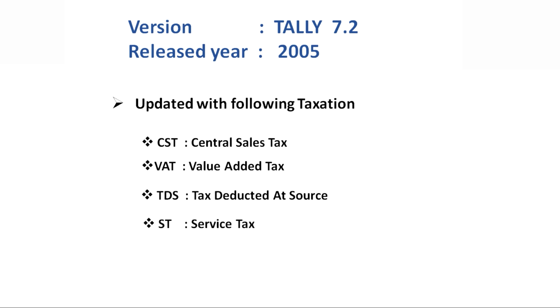All of this was implemented in Tally 7.2. If you ask why this was not implemented in version 4.5 itself, the reason is that from 1st April 2005, VAT and CST were implemented in India.